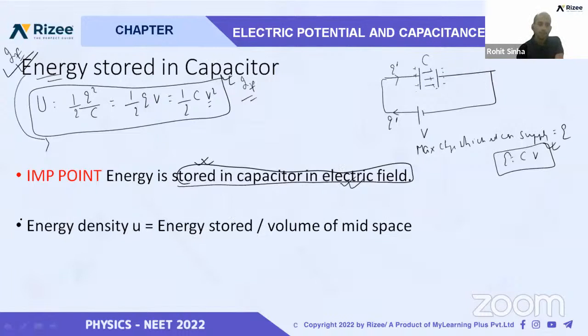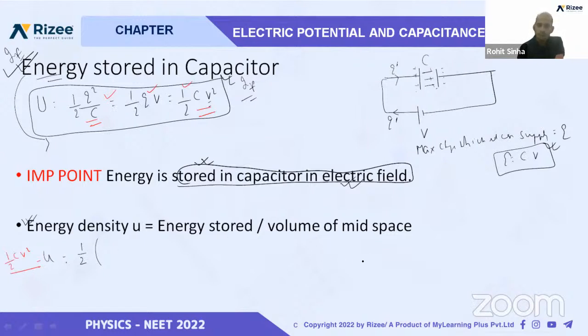Now we are trying to find what is the energy density. We define energy density as energy stored per volume. We know energy stored is half CV square, and usually we take this formula and this formula; we can use any of the formulas.